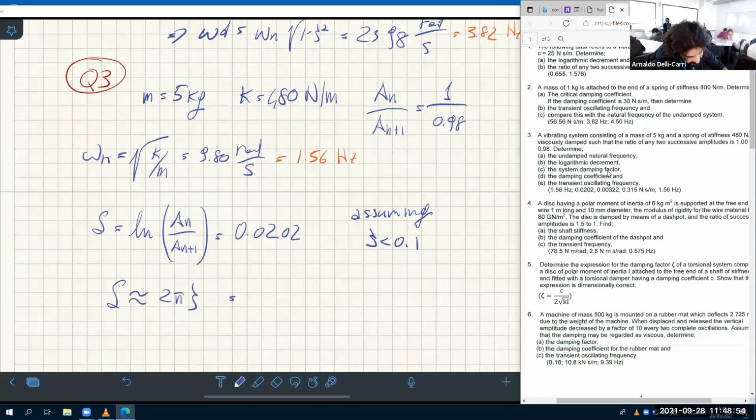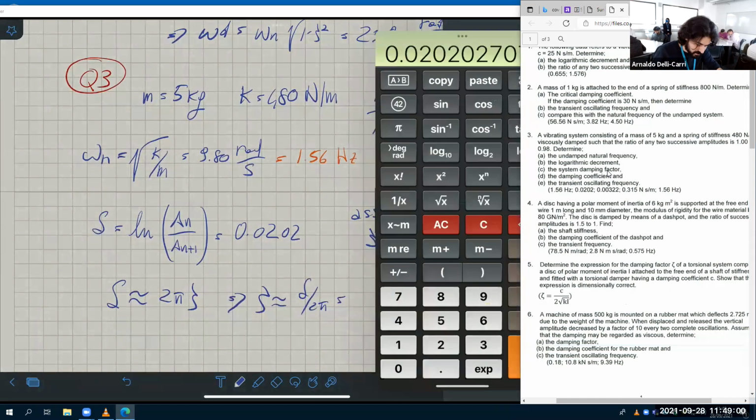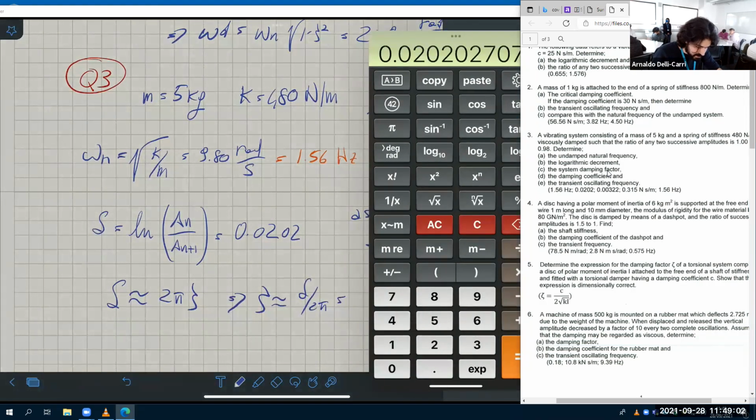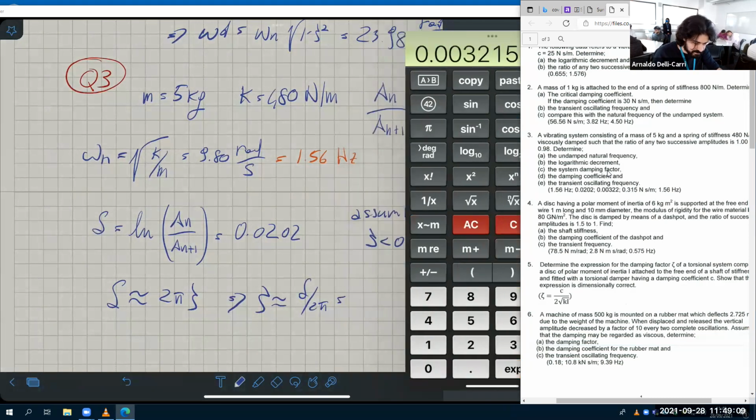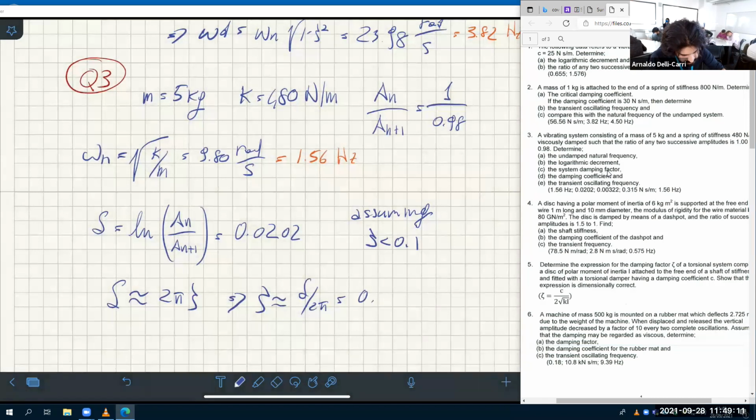So that means that zeta is almost delta over 2 pi, which is delta divided by 2 divided by pi, 0.003, which is smaller than 0.1.